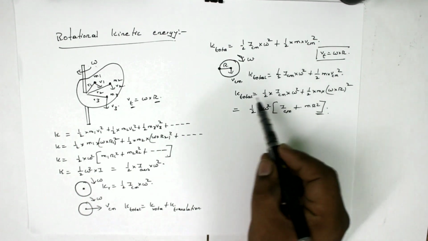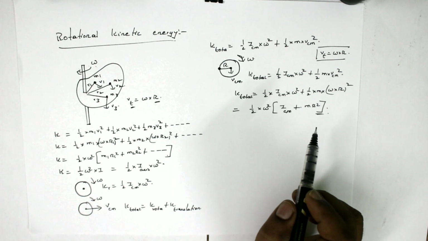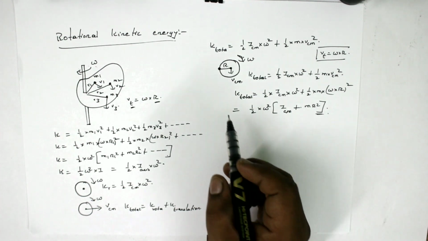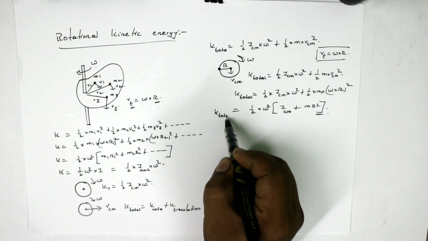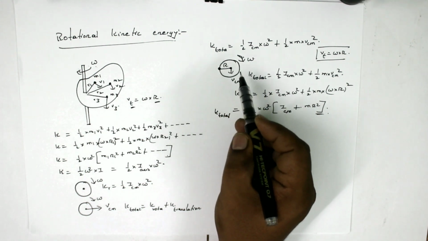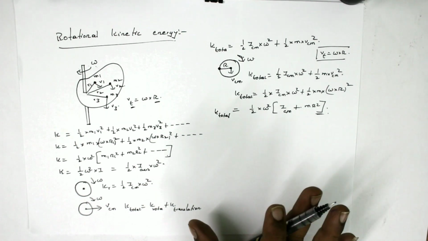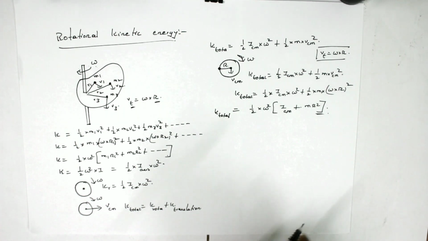What we understand from this calculation is that if I can calculate the total kinetic energy about the axis about which this body is rotating, then that gives the total kinetic energy of this body. Total kinetic energy means the sum of translational kinetic energies plus rotational kinetic energies.